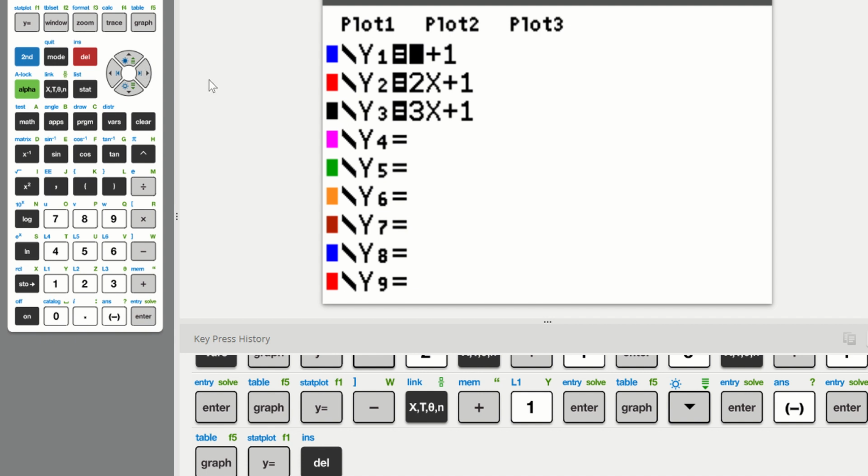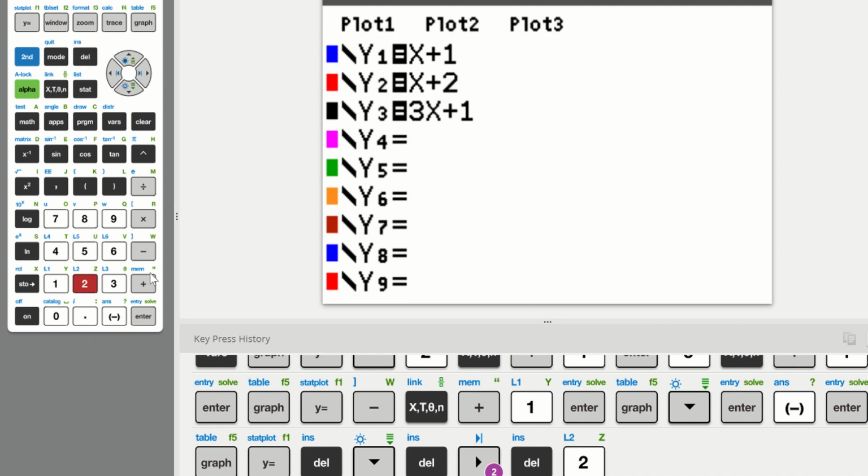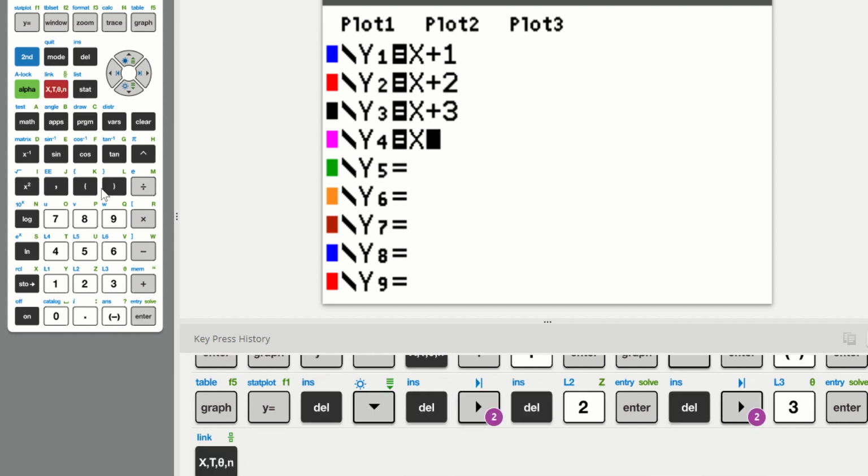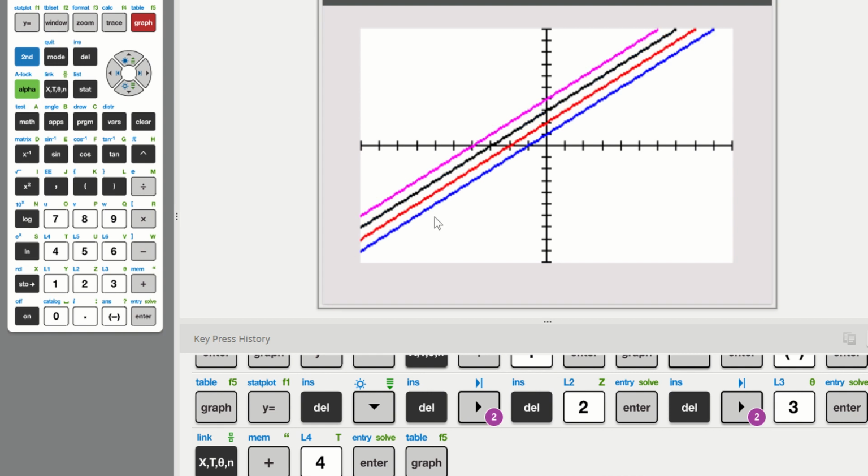Now, if I change this number, which is b, but leave the slope the same, and we can do one more, x plus 4, what you'll notice is that the lines are parallel because the slope is the same, they're just as steep, but where the line hits the y-axis changes. In this case, it was x plus 1, so you have a y-intercept at y equals 1.